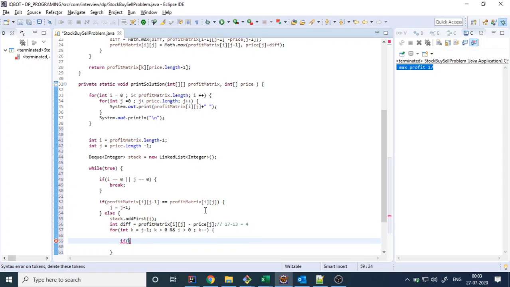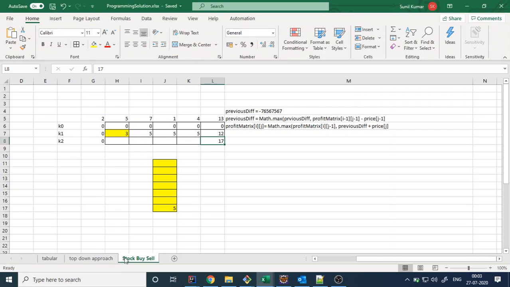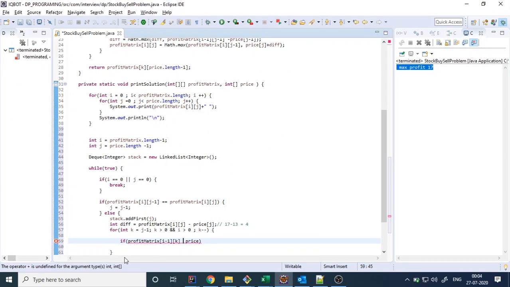inside this, what I am going to do is max profit of i minus 1, profit matrix of i minus 1 of k plus price of i, I wanted max profit, minus price of k, equal to div.